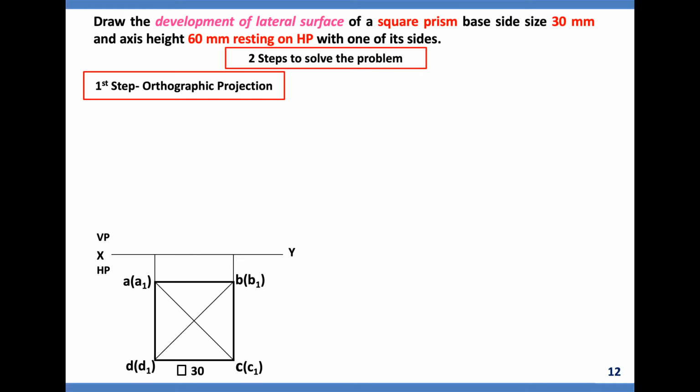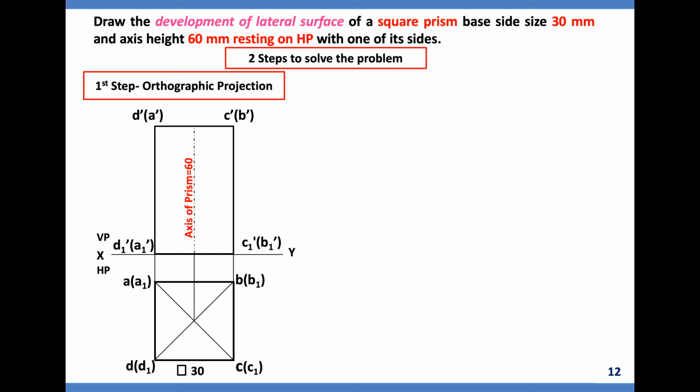These lines are thin, which we call construction lines, and these are made only to get the center of the top view. From here, draw vertical projector. From there, draw the axis. Axis height is equal to the prism height, which is given as 60 mm. Then draw the front view and do the notations.